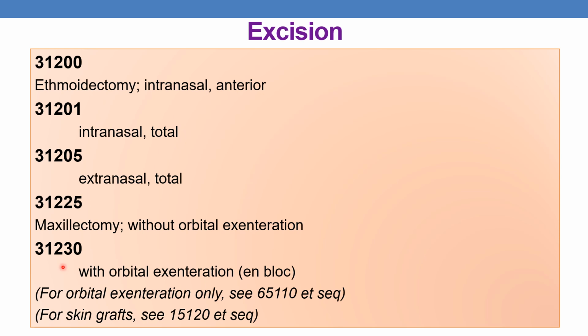The next one is 31230, it deals with maxillectomy with orbital exenteration en bloc. And for orbital exenteration only, you need to refer to 65110. And for skin grafts, you need to see 15120.